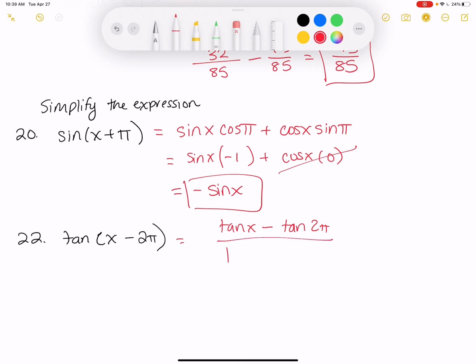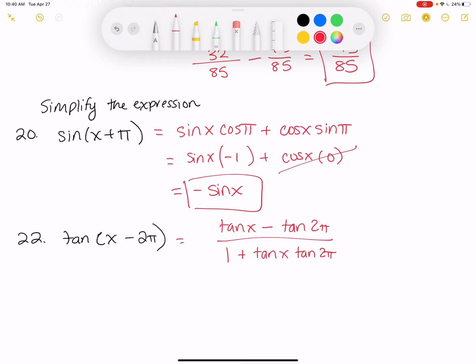So it's 1 plus tangent of x, tangent of 2 pi. Regardless of the sign, the top will always be the same, and the bottom will be the opposite. We don't have the tangent set up for 2 pi though.